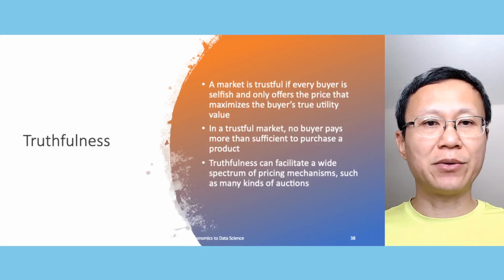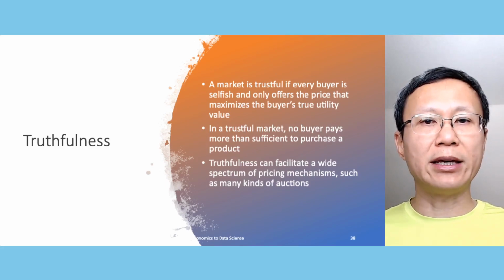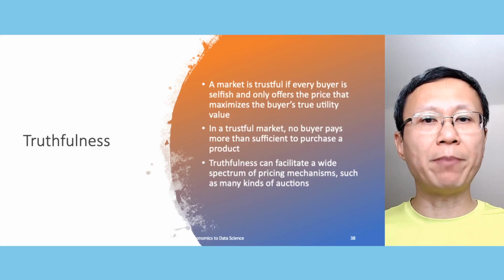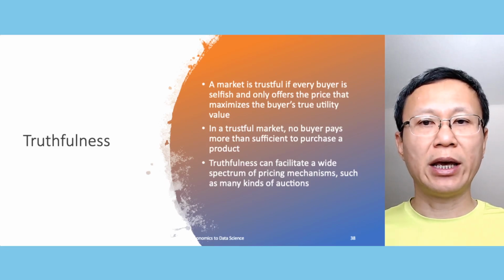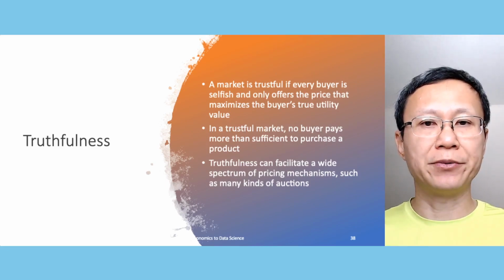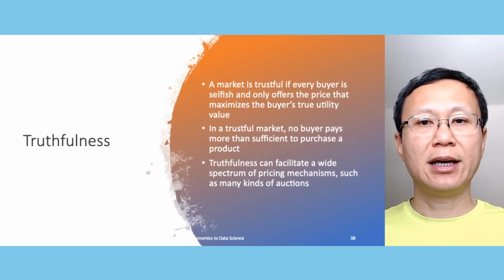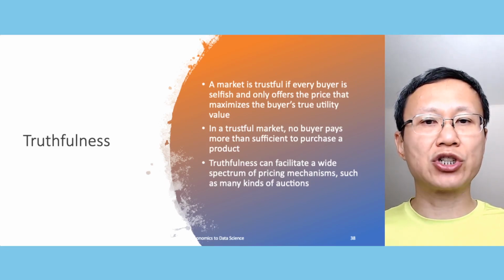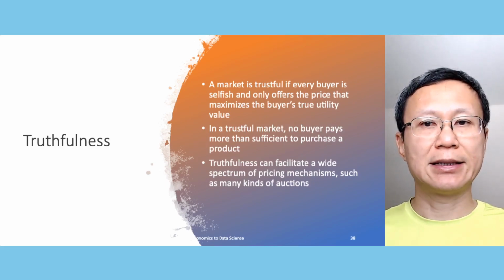First, let's look at truthfulness. To make a market efficient, the market is preferred to be truthful. A market is truthful if every buyer is selfish and only offers the price that maximizes the buyer's true utility value. In other words, in a truthful market, no buyer pays more than sufficient to purchase a product.